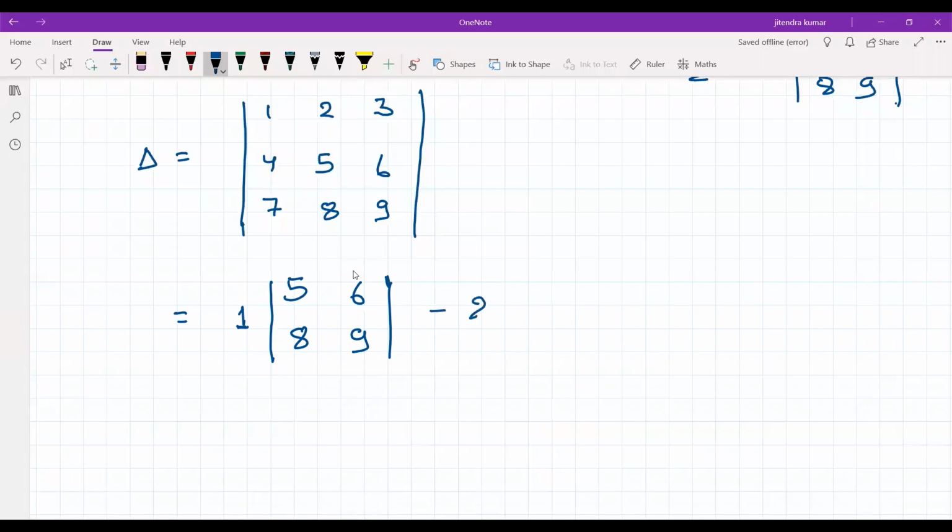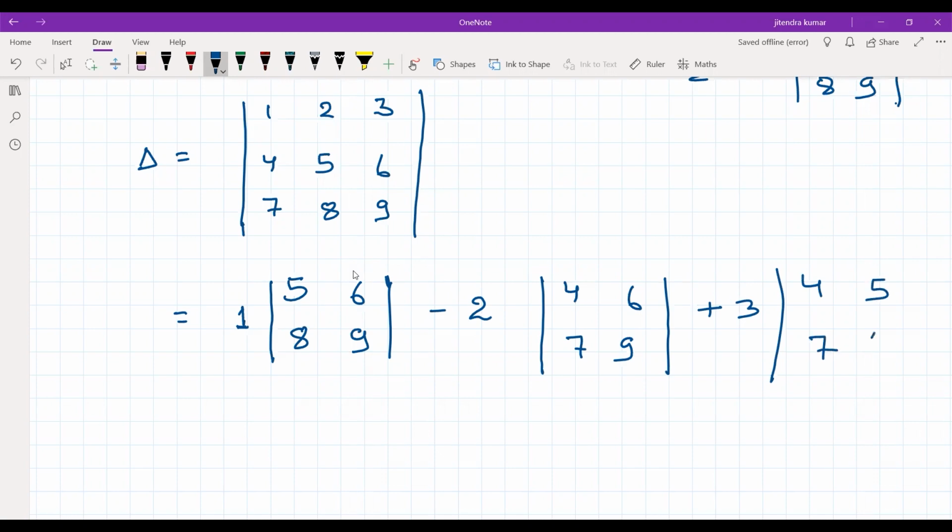Then it will be -2 times the determinant 4, 6, 7, 9. Then +3 times the determinant 4, 5, 7, 8. We have been doing this before.